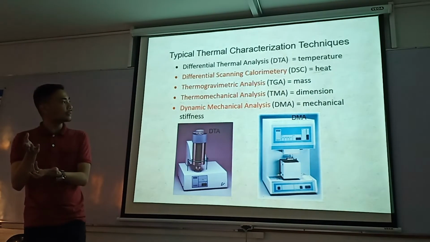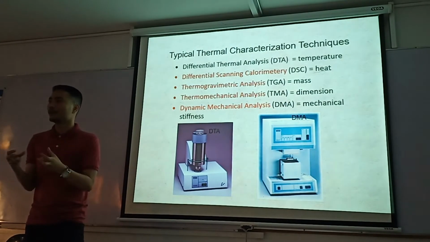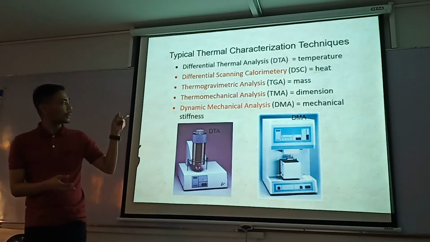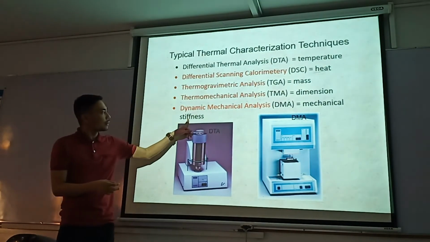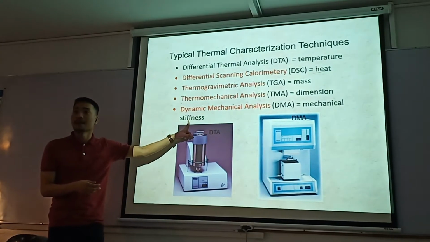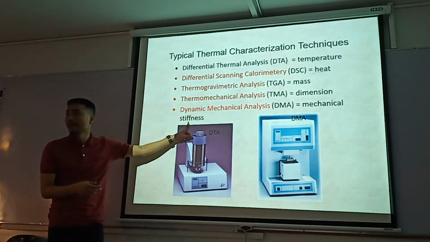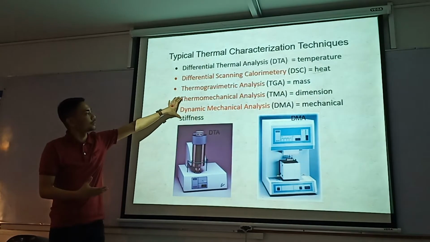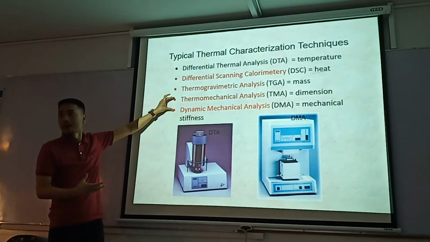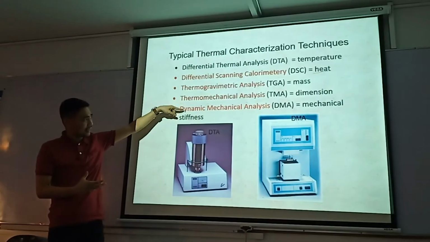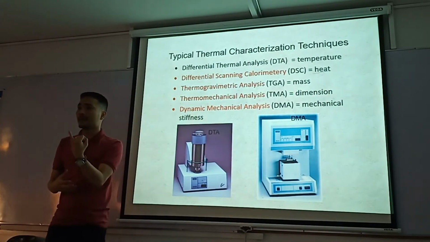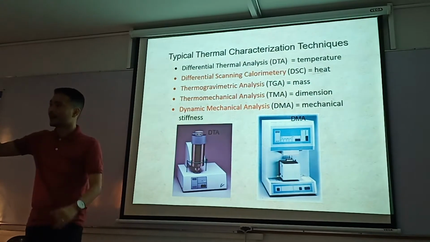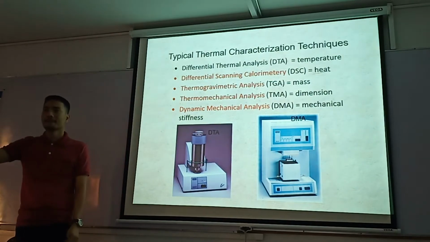In the thermomechanical analysis, the dimension or the shape of the material, how it changes with temperature is the one observed. And lastly, for dynamic mechanical analysis, stiffness, which is a mechanical property. I told you that in the latter stage of our lectures, especially for the last two techniques here, it's actually a combination of heat and work. We now have two stimuli being imposed to the material.